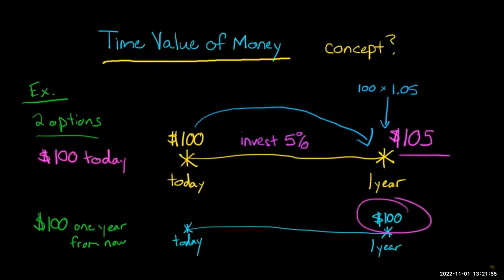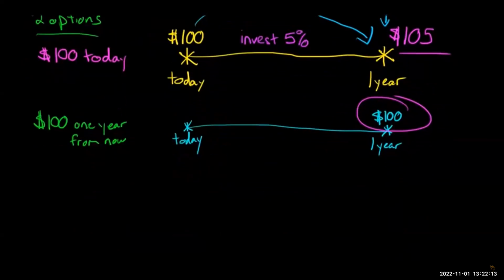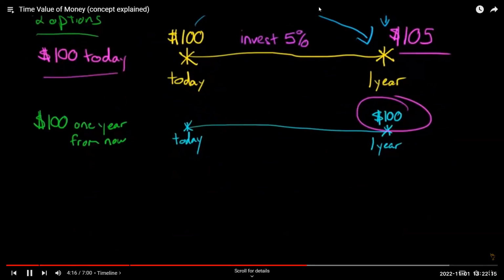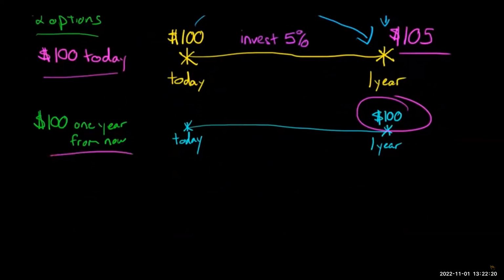So when you get the money sooner rather than later, there's more value because you can invest it and earn a return on it. That's what people mean when they talk about the time value of money. They're basically saying that when you're looking at cash flows today or in the future, a cash flow today, all else equal, the same amount, has more value because it can be invested for that return.